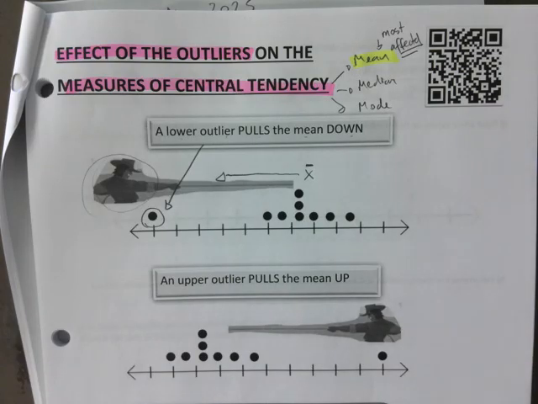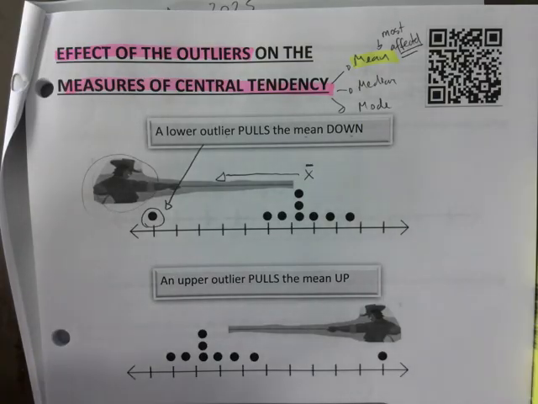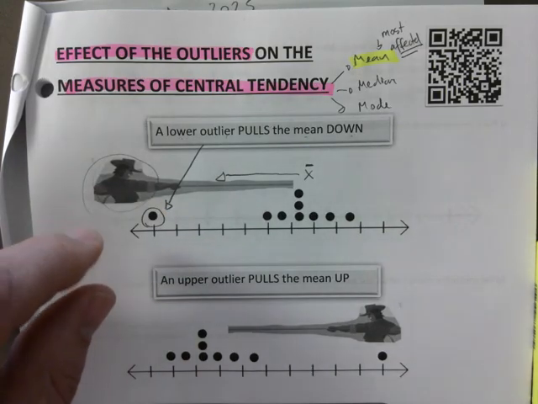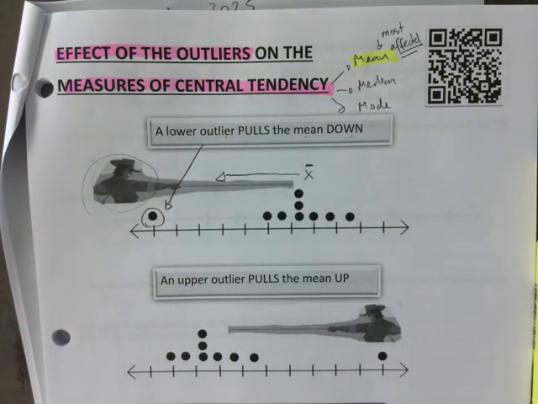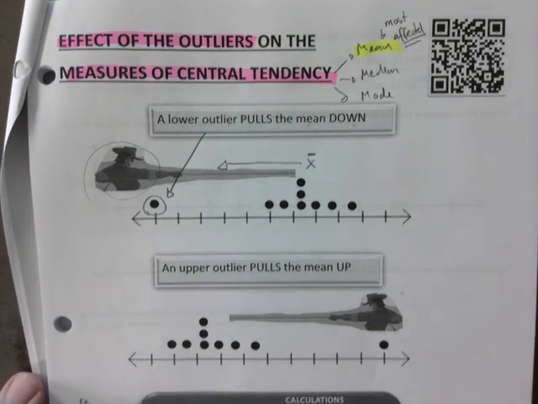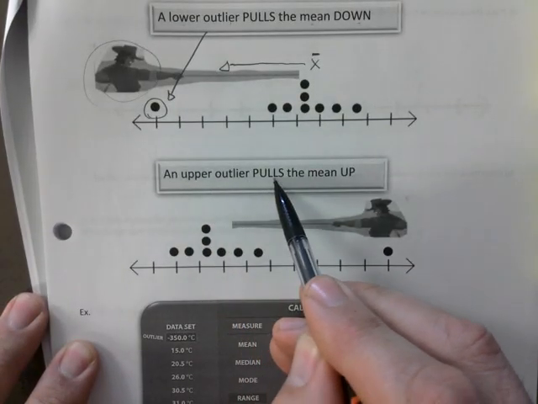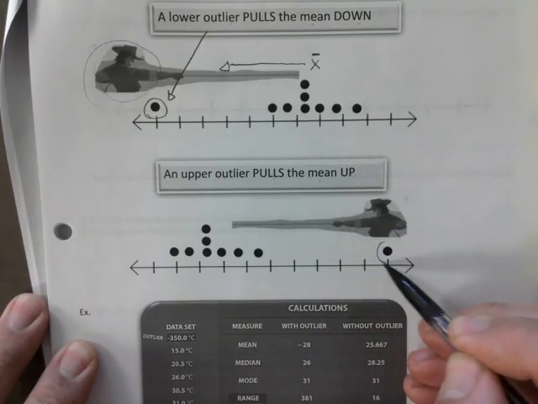Okay, so from that reasoning, what if I'm nice at the end of the semester and I remove that outlier? What would happen to your average? It would go back up, right? It's almost like the person pulling this down is letting go. So I need you to have both of those concepts. At the same time, an upper outlier pulls the mean up.